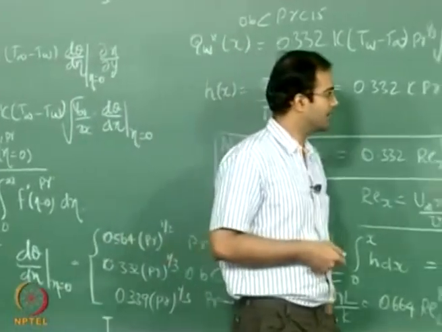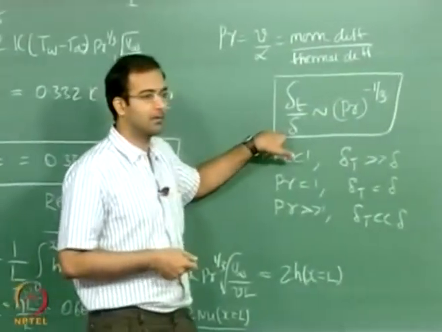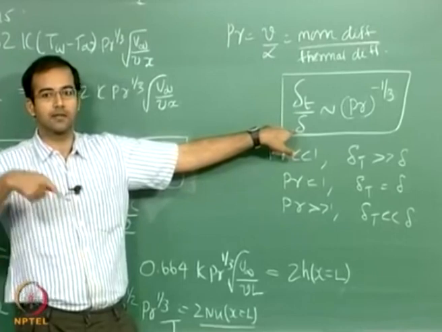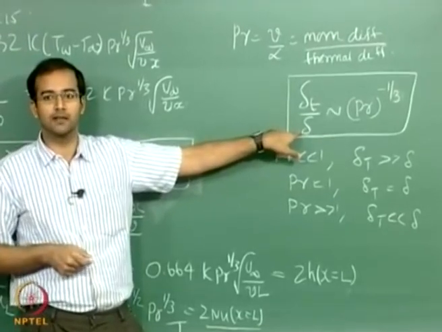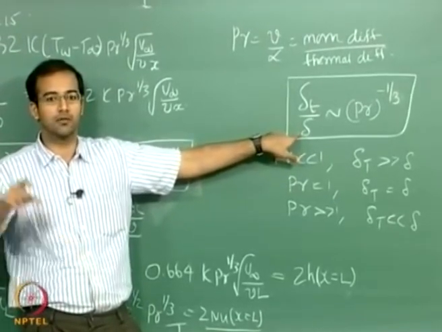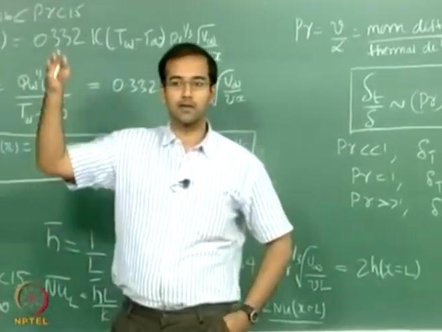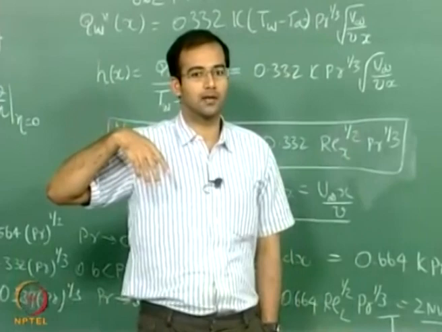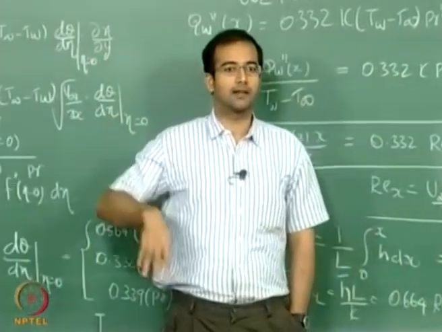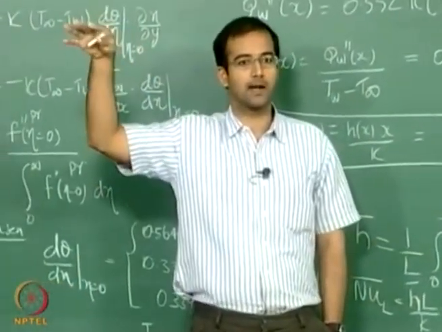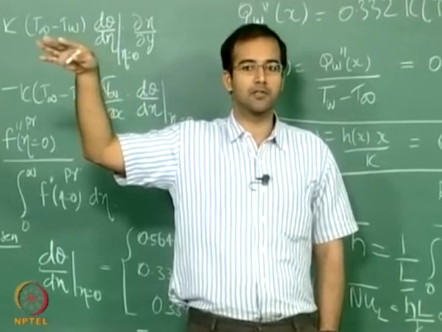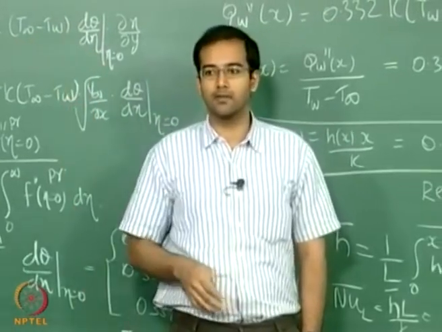homework. You can calculate the thermal boundary layer thickness once you get your Blasius profile, right. That is the value of y corresponding to the eta where your u by u infinity goes to 1 or 0.99, or the f prime that you calculate approaches 0.99, the corresponding value of y will be delta.